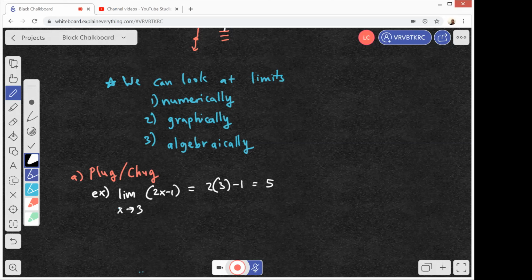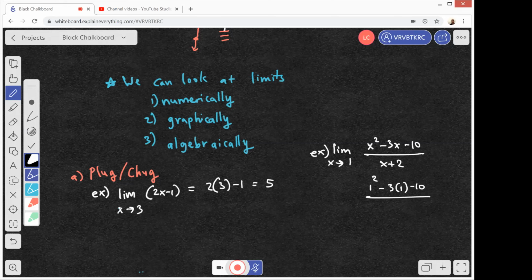We'll do one more plug and chug and we'll move on. So here's another example. Let's say the limit of x squared minus 3x minus 10 over x plus 2 as x approaches 1. Same concept, wherever you see an x, just plug and chug. So we have 1 squared minus 3 times 1 minus 10 over 1 plus 2, which is 3.